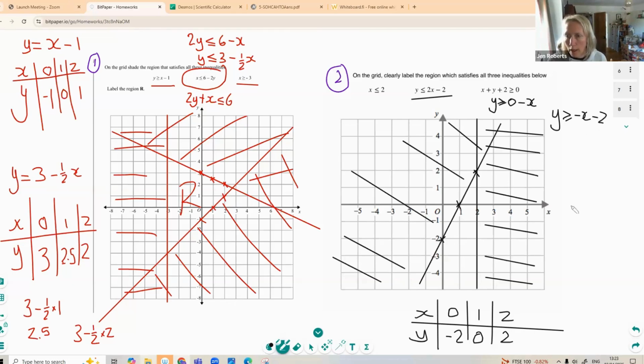So they've got y is bigger than minus x, take away 2. Let's draw the graph y equals minus x minus 2. So x is 0. Minus 0, which is just 0, take away 2 is negative 2. Minus 1, take away 2, negative 3. Minus 2, take away 2, negative 4.